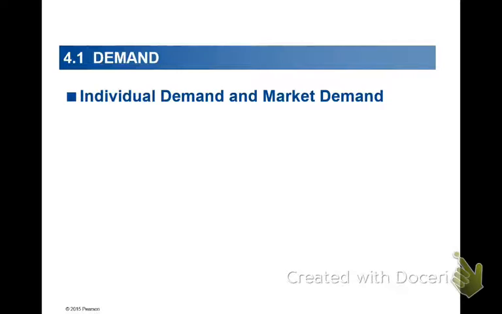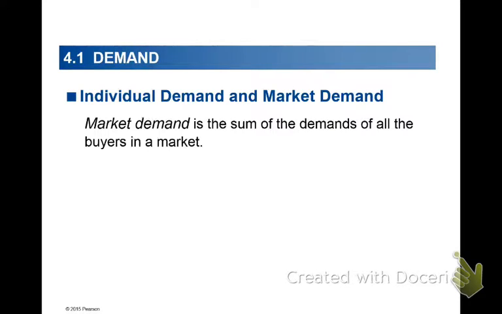Now, what we just looked at was an individual demand curve, meaning that at different prices, we looked at how much a typical individual would be willing to buy. From individual demand, we can go to market demand, which is simply a sum of individual demands from the market.